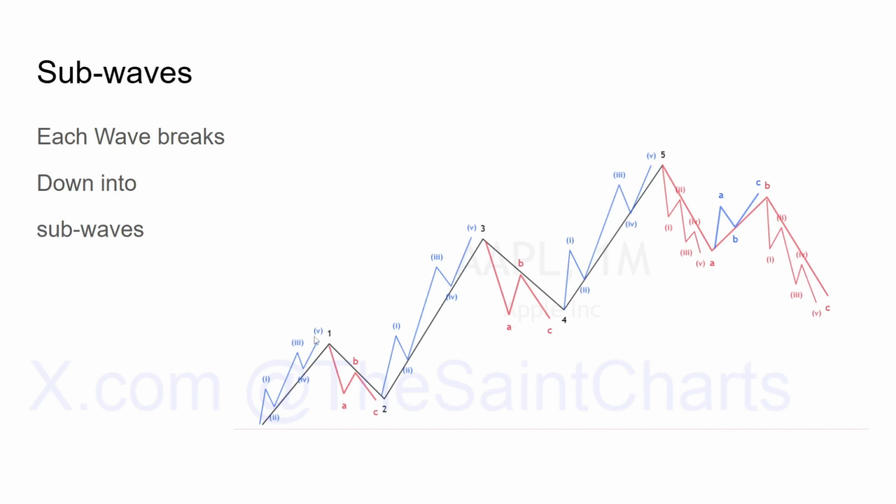So we have 5 to the upside, 3 to the downside, and then the next impulse move, wave 3, which will consist again of 5 waves. We've got a 1, a 2, 3, 4 and a 5, followed by another 3-wave structure to the downside, and then followed by a final wave 5, which will be 5 waves again to the upside.